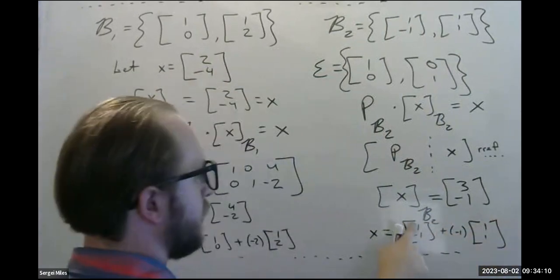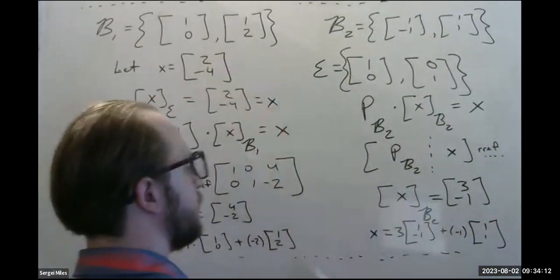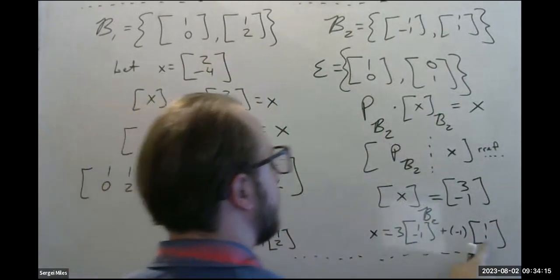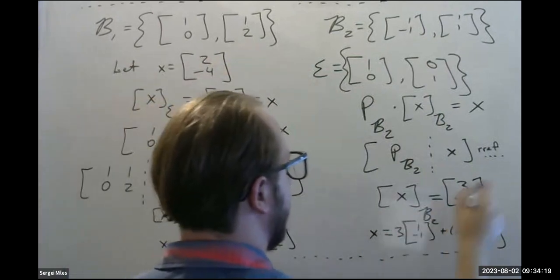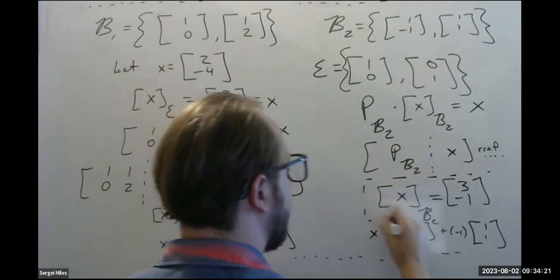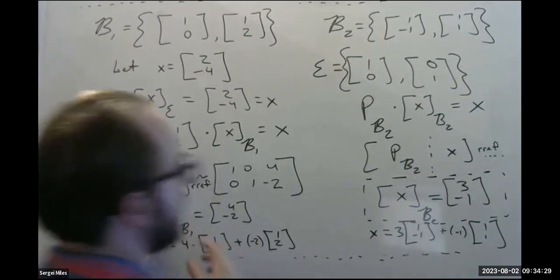Does this work? 3 minus 1 is 2. -3 minus 1 is -4. Great. So this is the B2 coordinate vector of x.